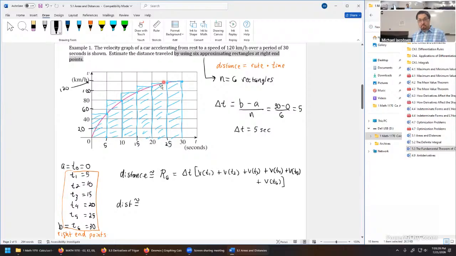But when we come back to this problem in tomorrow's class on Wednesday, we'll plug in the value for delta t, the 5 seconds. We'll plug in the values for all the velocities at those particular times that are given, and we'll crank out that approximated distance. So that's a process of finding areas.